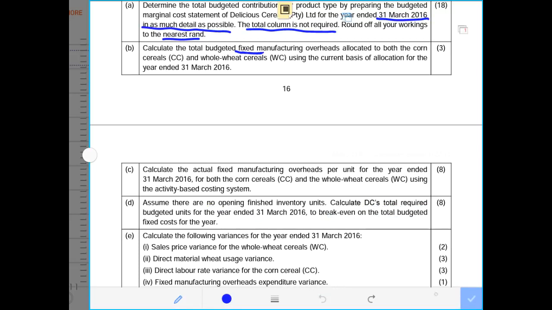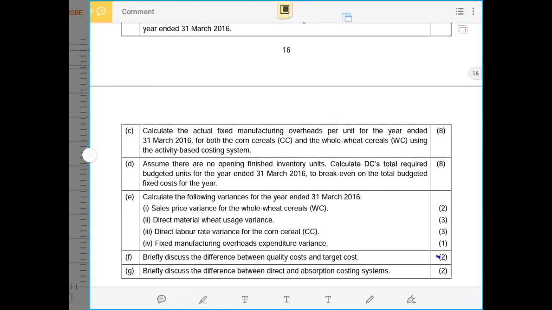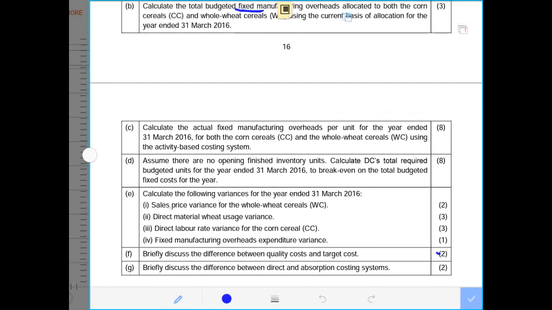Then after number E, we are required to do the variances, starting with the sales price variance, where we look at the selling price. This sales price variance is only for the whole wheat cereal, meaning only for one product. Then we are required to do the direct material wheat usage variance, so that means it's only for the wheat product.